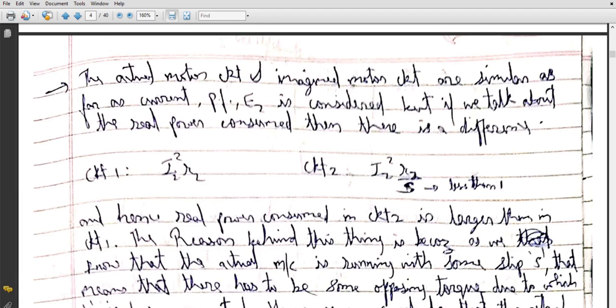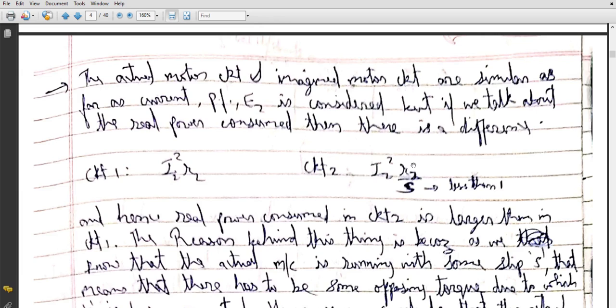Why? Because in a practical machine there will be some friction of the shaft which the induction motor is rotating. Because of that friction, some power and some torque will be lost in providing for that opposing torque, and hence some speed will be lost in providing that power.